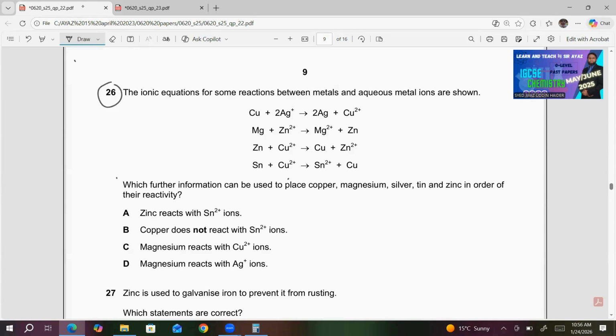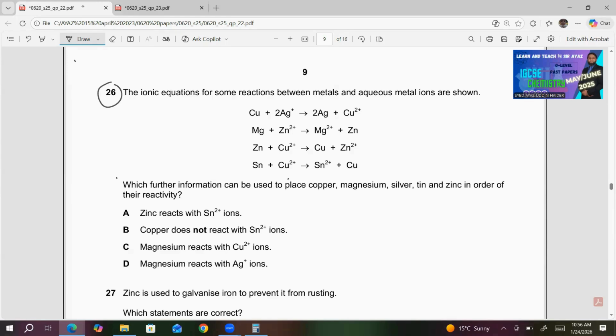26. The ionic equations for some reactions between metals and aqueous metal ions are shown. So we have reactions of copper, magnesium, zinc, and tin with ions of the other metals. Which further information can be used to place copper, magnesium, silver, tin, and zinc in order of reactivity?